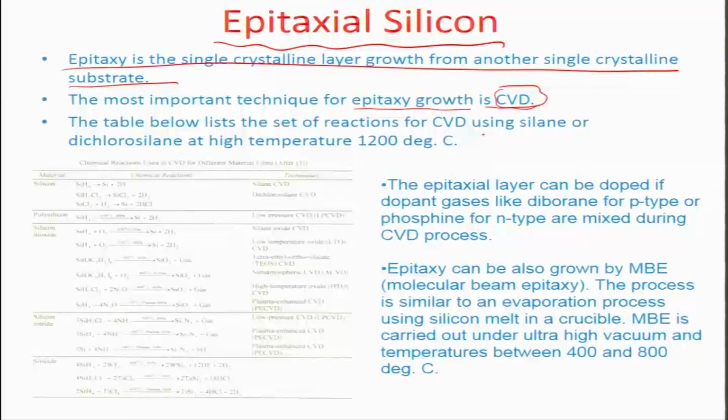For example, there can be the use of silane or dichlorosilane, as is illustrated here, silane being SiH4, dichlorosilane being SiH2Cl2, where through high temperature and through cracking of this gas molecule, you can generate silicon which is deposited as a solid phase, or maybe silicon chloride SiCl2, and it can further liberate hydrogen in the process.